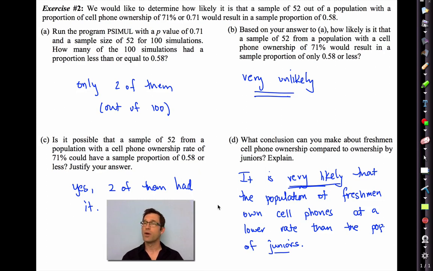It's just that we got really unlucky with our sample, and that sampling variability kicked in, and we got a sample that only had a 58% cell phone ownership rate. But it's very unlikely, right? There's only a 2% chance. I'm betting on the 98%. Anyway, pause the video now. Think about what we did before we move on.